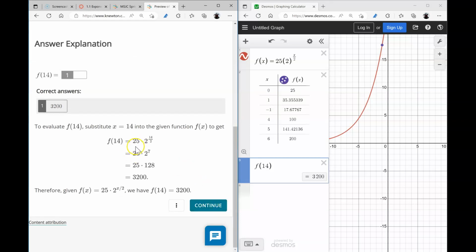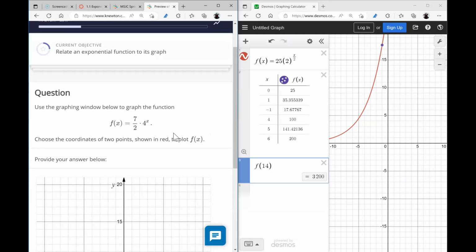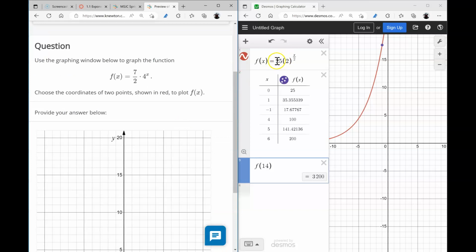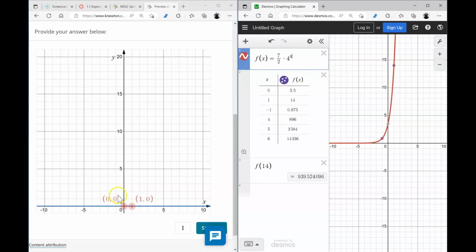Of course, you see the software itself actually doing it by hand, if you can say that a computer program does it by hand. Similar to what we've done before. So we have 7/2 times 4 to the power x, and at 0 it's 3.5, and at 1 it is 14.